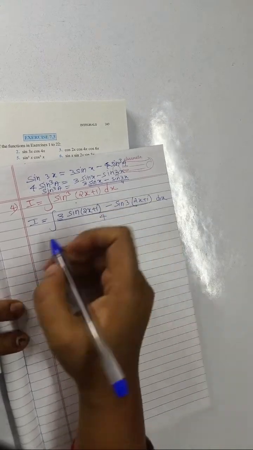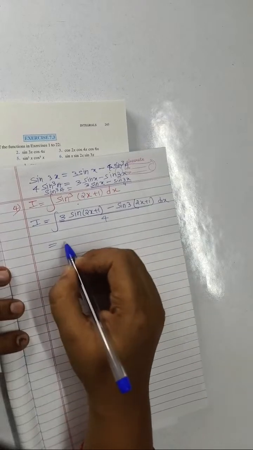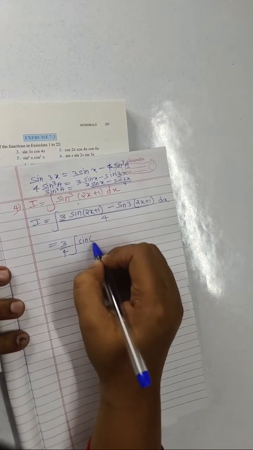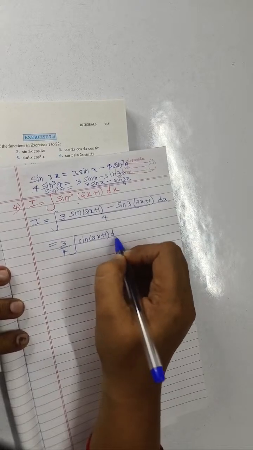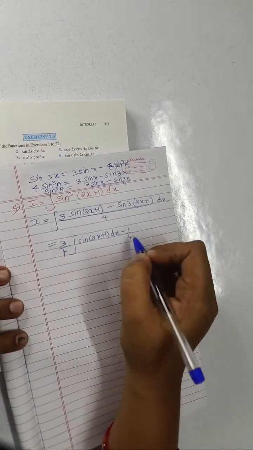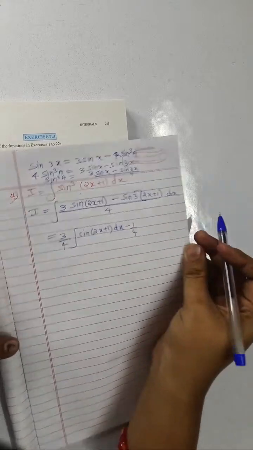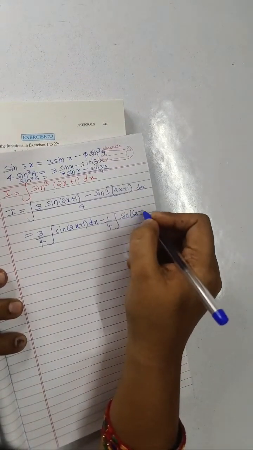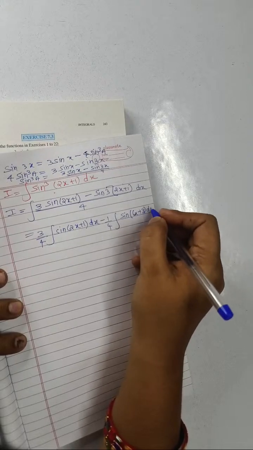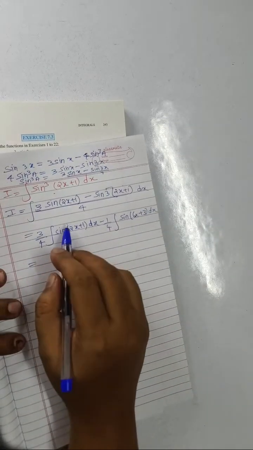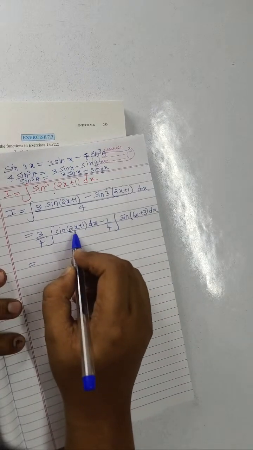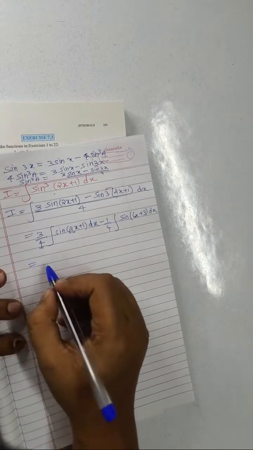You have to be careful in that. Now split the terms. So we get 3 by 4 sine of 2x plus 1 dx minus 1 by 4, multiply 3 inside, so that will be sine of 6x plus 3 dx. Now integrate. The integration of sine is minus cos and the coefficient of x is 2. Already we have 4 here.